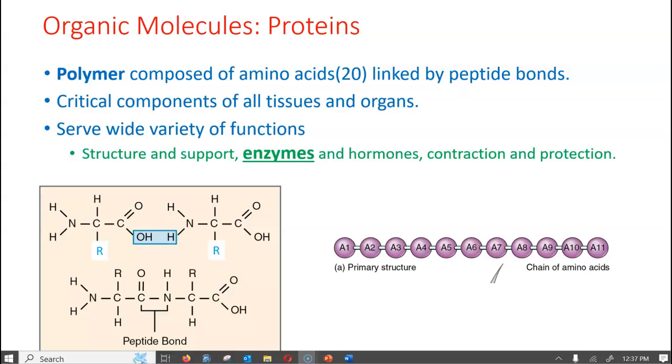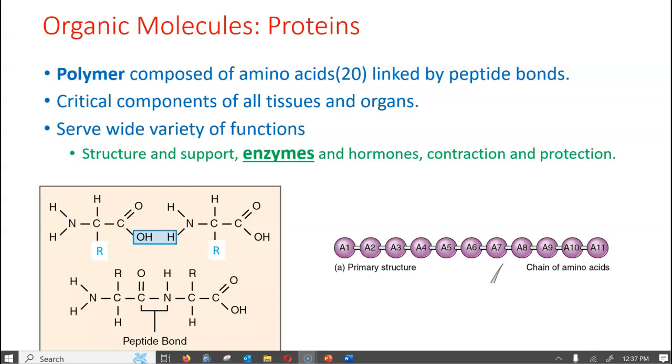This gives it physical and structural properties. So some amino acids are big, some are small, some have charge, some don't. And collectively, because they're all different, they give each protein different shape, different chemical properties, different physical properties.